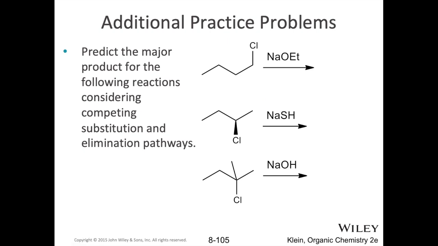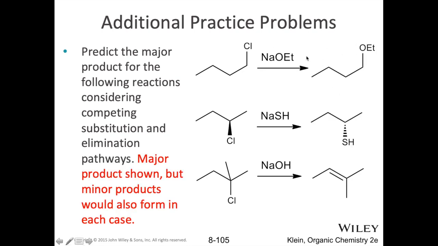All right, so finally let's try to distinguish between substitution and elimination reactions. For each of these, have a look and decide from your substrate and the reagents you're using what your products are going to be. But in order to do that, you first need to think about what type of reaction this is going to be. So let's list out the answers here so you can see them.